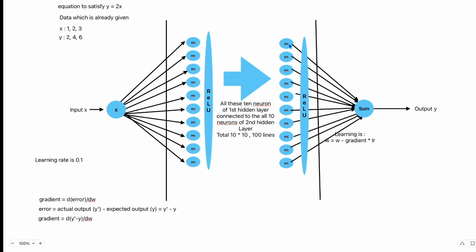So we need to subtract some number from each neuron, right? That's the biggest doubt, or problem, for me: how do we know from which neuron what number needs to be subtracted?